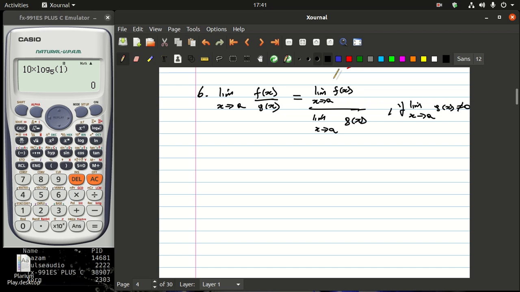Right, let's take an example. Maybe this is going to make a lot of sense. The first example is evaluate the limit as x approaches 0 of 3 to the power x all over x squared minus 1.